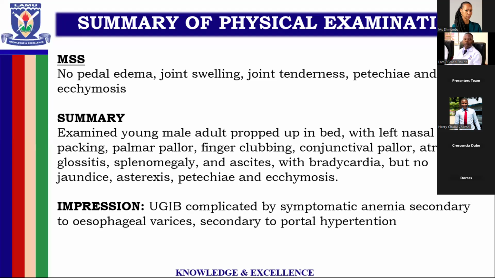And then the esophageal varices being justified by the portal hypertension. We said he had portal hypertension because there were signs of it, which included the ascites and the splenomegaly. That's how we came out with our impression. So I'll leave the investigations for my colleague.